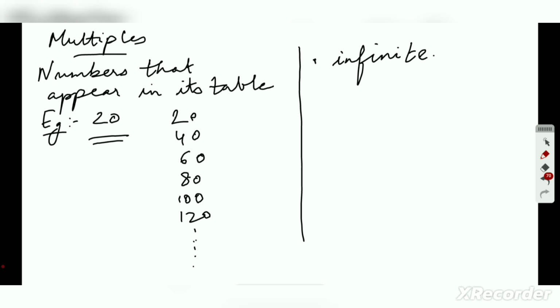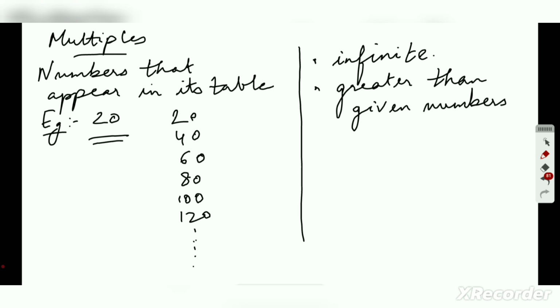And the next thing is multiples are always greater than or equal to the given number, like 20, 40, 60, 80, 100, 120.